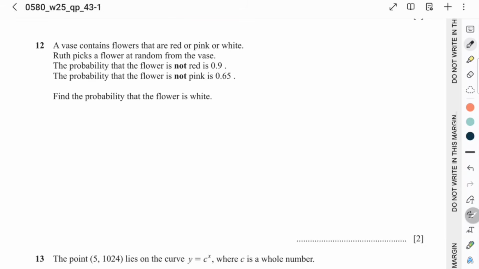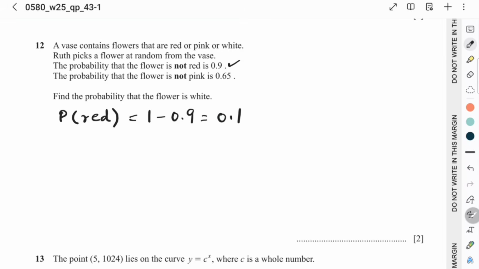Question number 12. A vase contains flowers that are red or pink or white. Ruth picks a flower at random. The probability that the flower is not red is 0.9. So the probability for red is 1 minus 0.9, which equals 0.1.